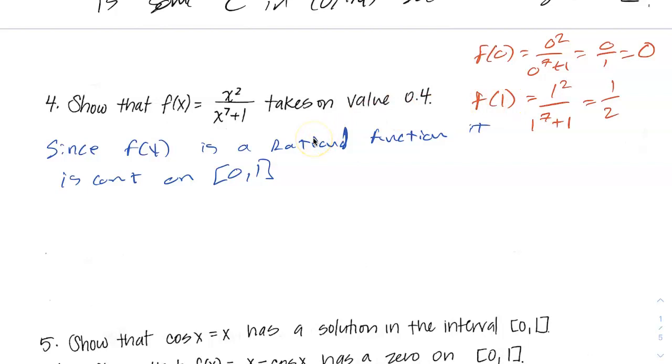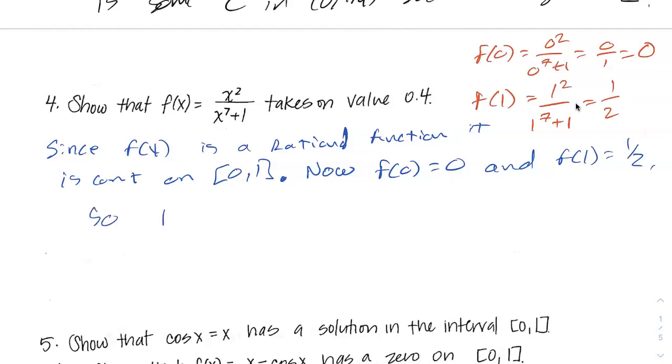Which is true. It is continuous from 0 to 1. It's not continuous everywhere, but it is continuous from 0 to 1. And then now we know what next, we say what the endpoints are. Now f of 0 equals 0 and f of 1 equals 1/2.